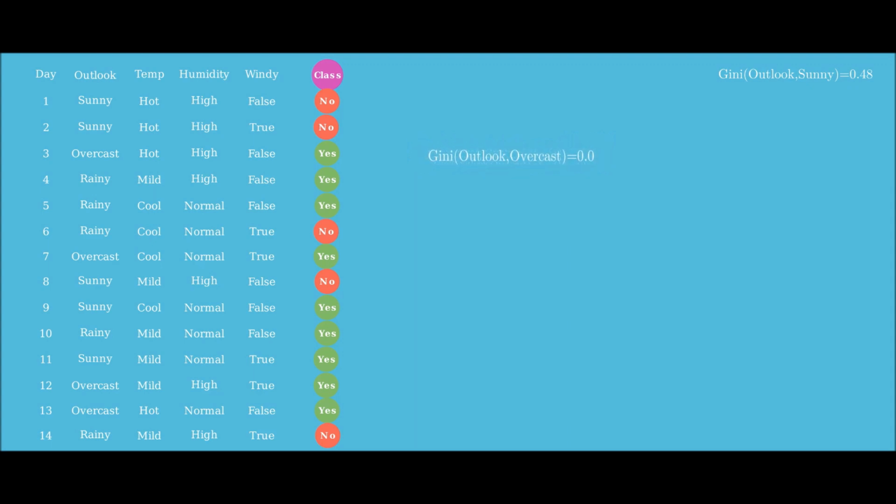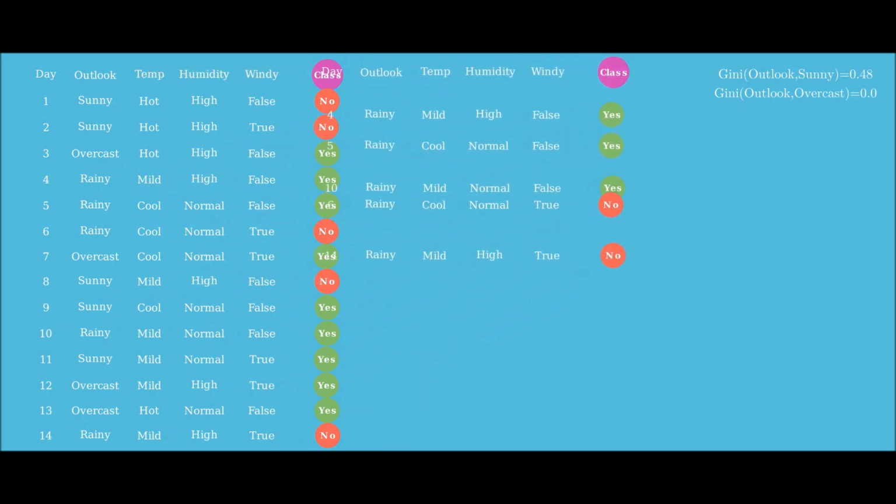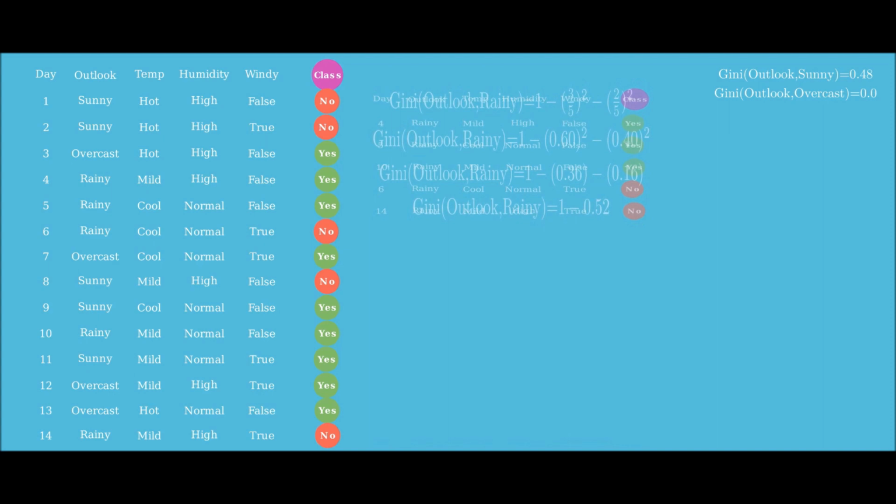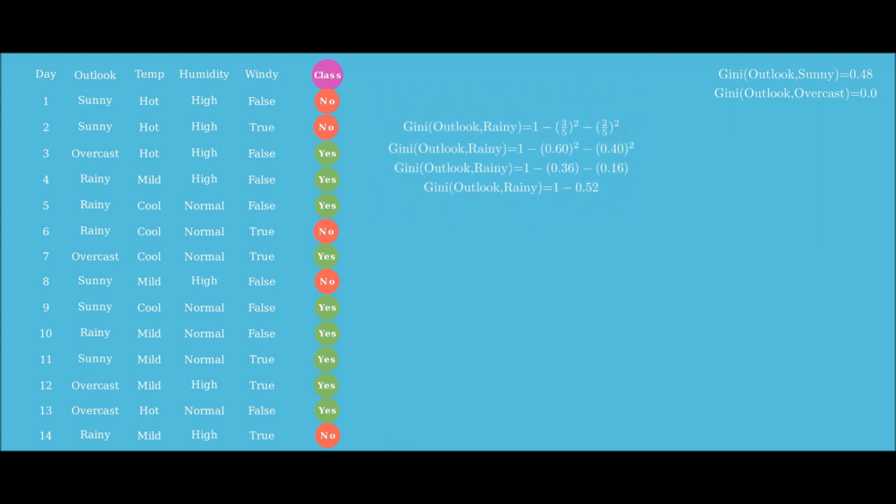Now Gini index for outlook feature value rainy will be calculated. There are 3 instances of yes and 2 classes are no. So the Gini index would be 1 minus 3 upon 5 squared minus 2 upon 5 squared, and finally it would be 0.48.